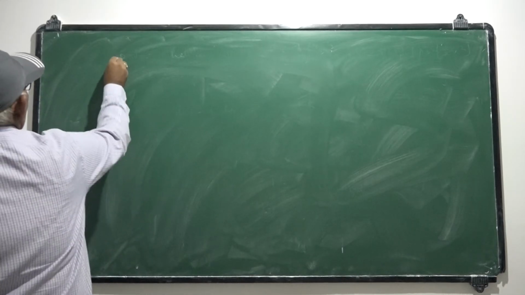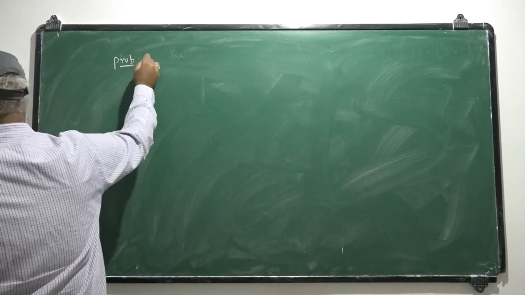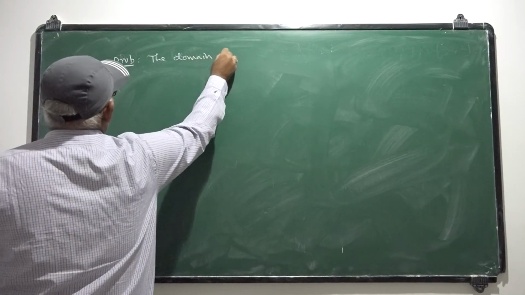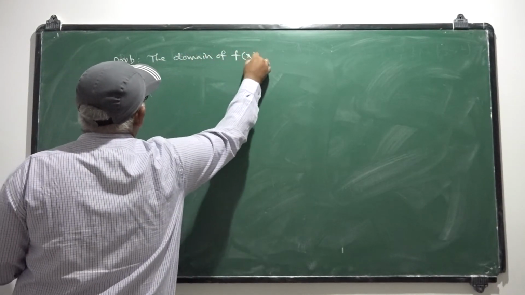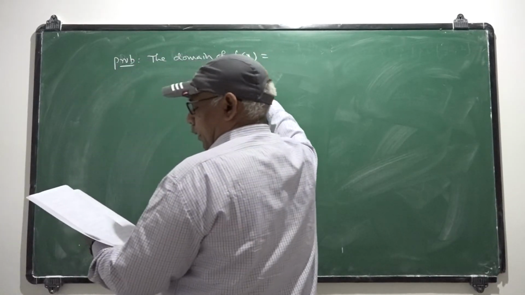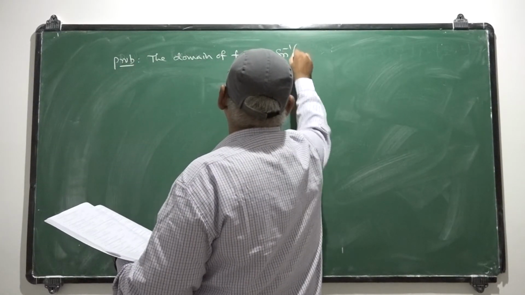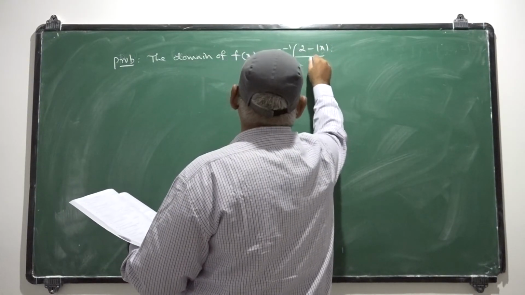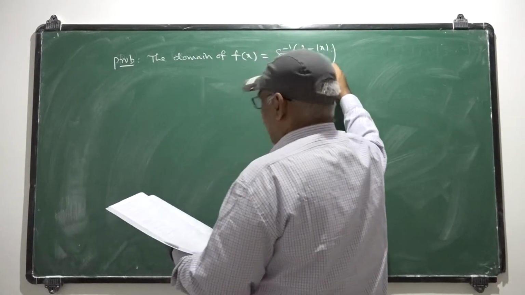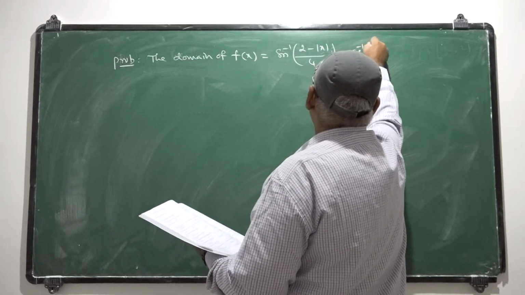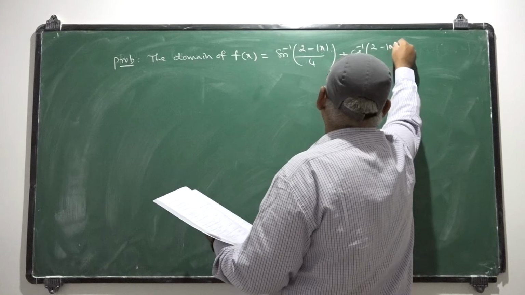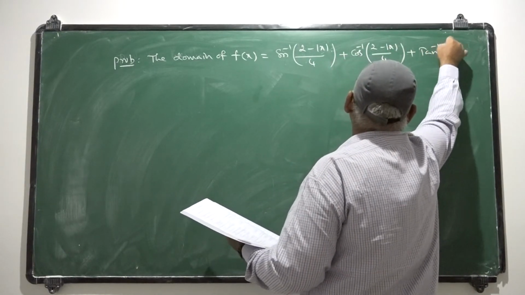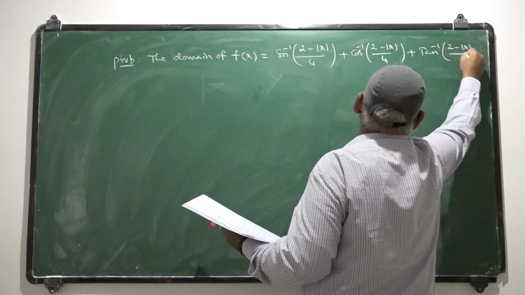Next, the domain of the function f(x) equal to sine inverse of (2 minus mod x) by 4 plus cos inverse of (2 minus mod x) by 4 plus tan inverse of (2 minus mod x) by 4.